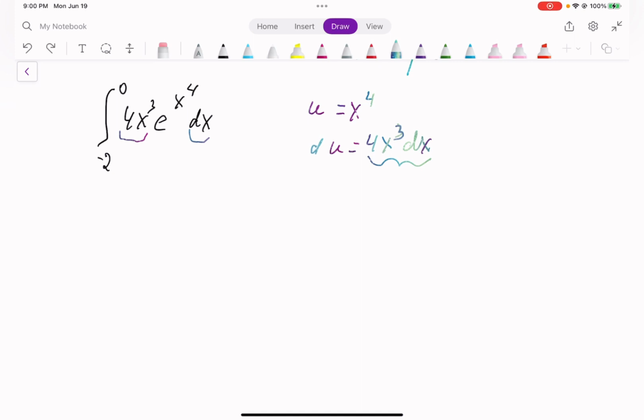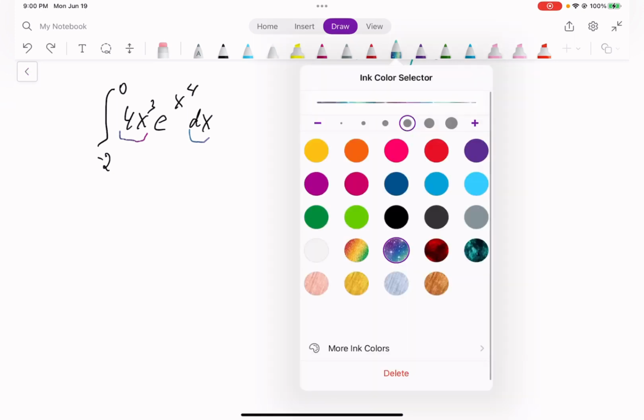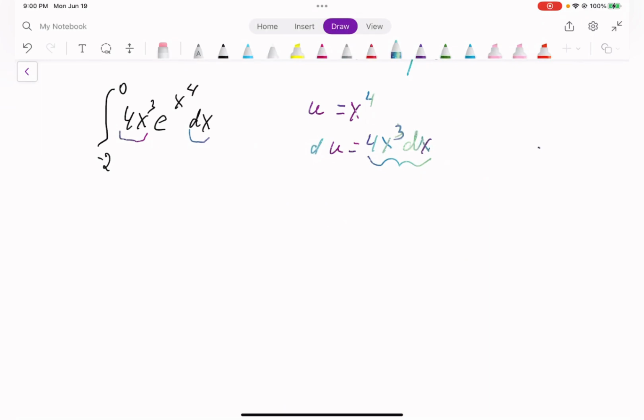So let's write down integral negative 2 and 0 e to the power, I'm going to put u, right? Because x to the power 4 I replaced with u.